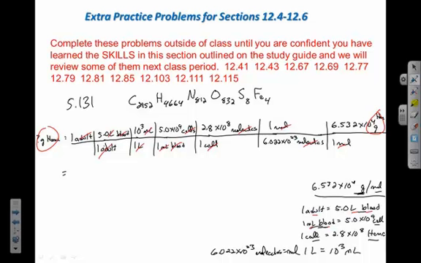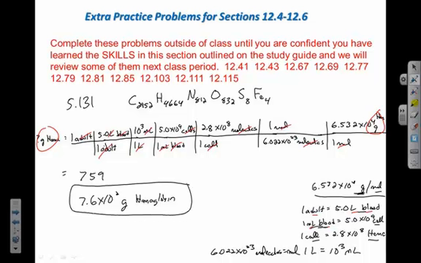That gives me 759. Really, I need to limit that to 2 sig figs because some of the numbers I'm plugging in are limited to 2. So it should really be 7.6 times 10 to the 2nd grams of hemoglobin in the average adult.